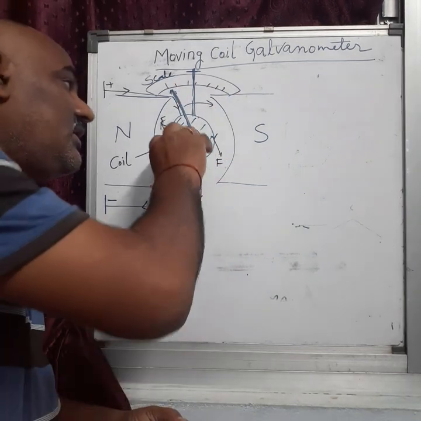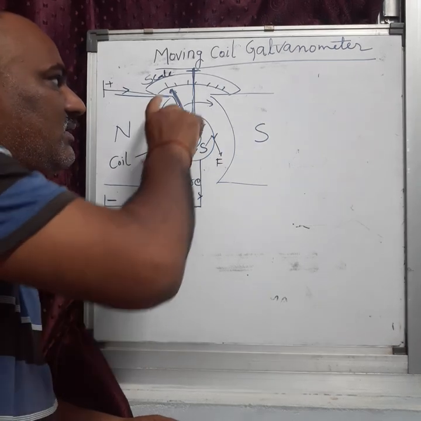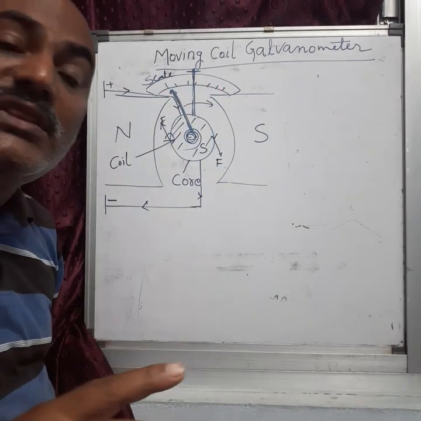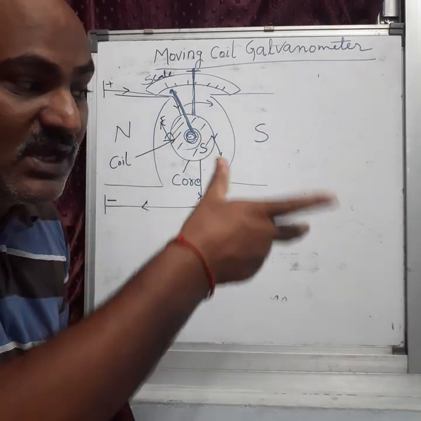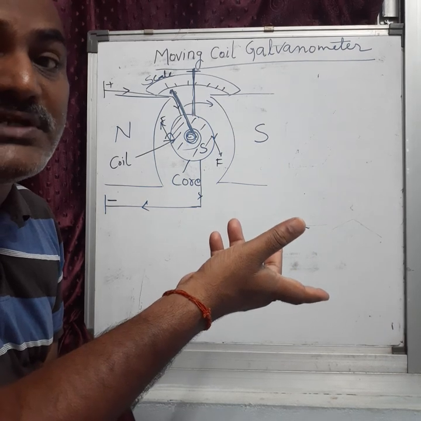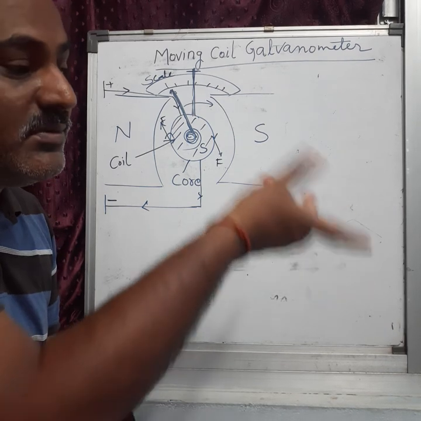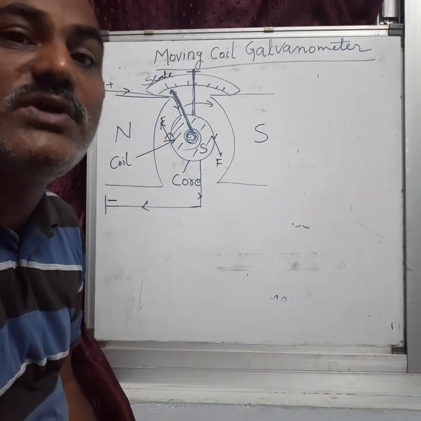If we change the polarity of the current, the indicator will move in the opposite direction. Why? The torque produced in the previous case is clockwise, and if we change the polarity of current, the indicator will move anti-clockwise, because the torque will now be anti-clockwise.